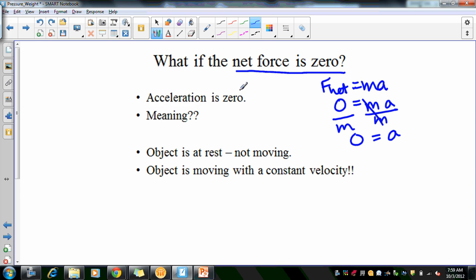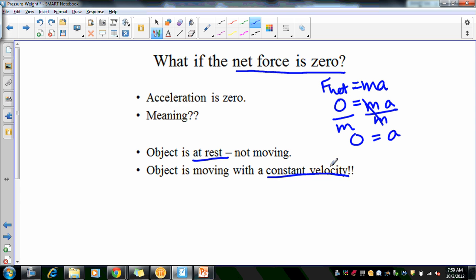If the acceleration is 0, what does it mean? Well, number one, the object could be at rest. You can't accelerate if you're not moving, right? So acceleration of 0 can be that the object's not moving. But there's a second idea. The object is moving with constant velocity.